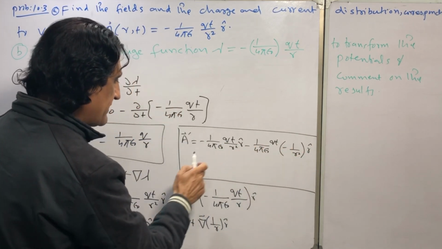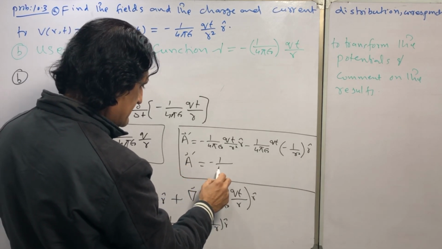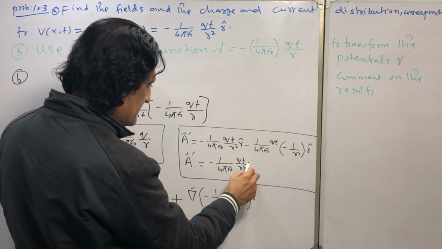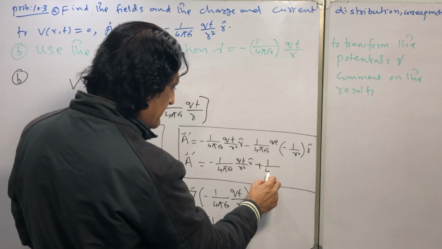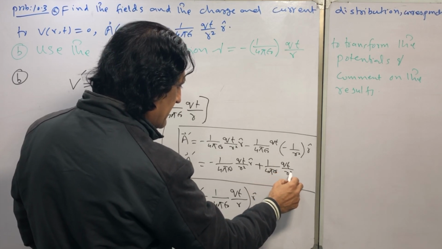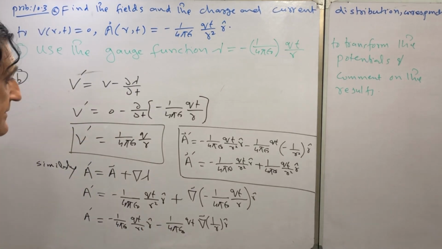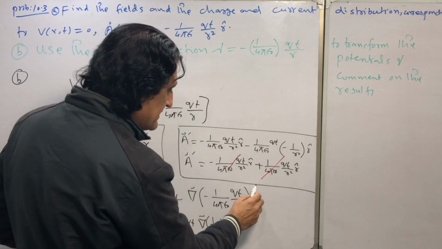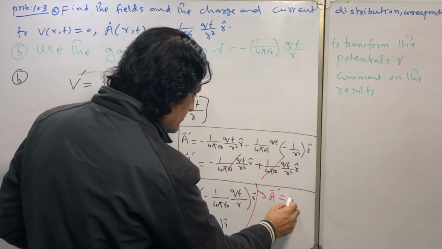This minus multiplied with this minus gives plus 1 over 4 pi epsilon naught q t divided by r square, r hat. Here this is plus and this is minus. It means A prime is equal to 0.